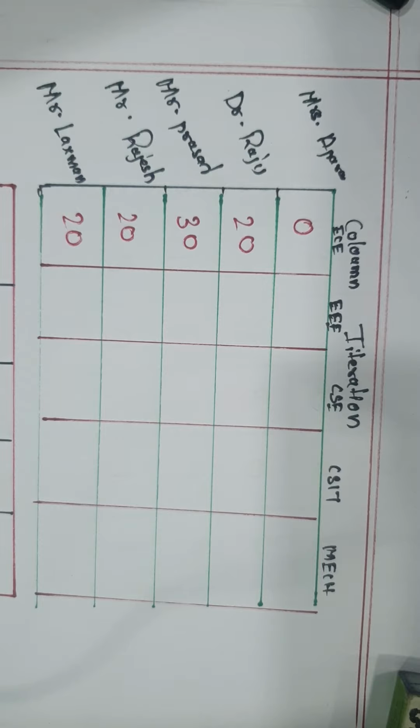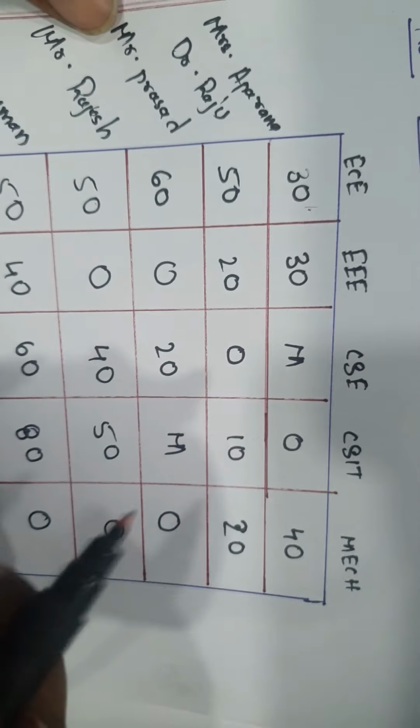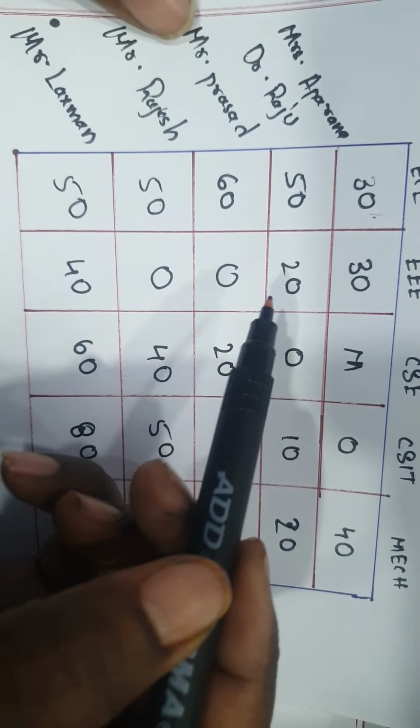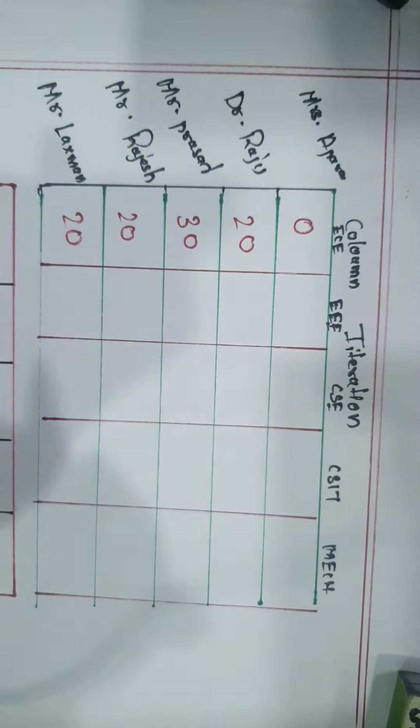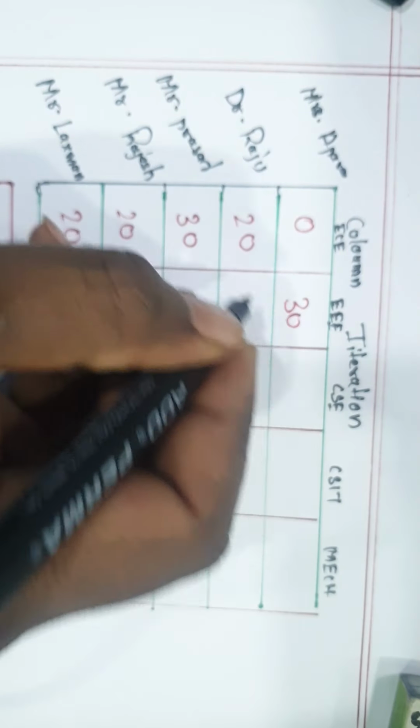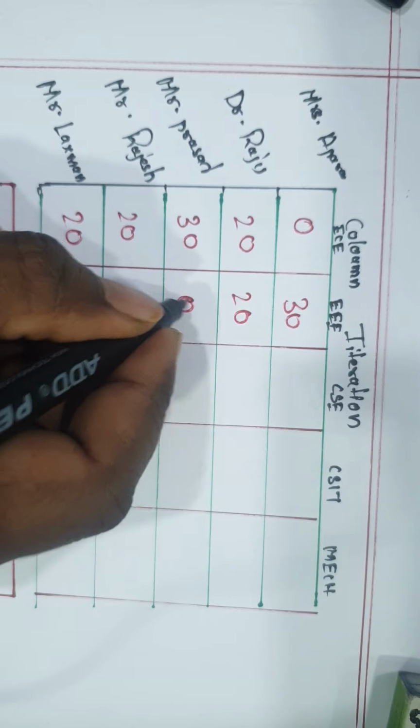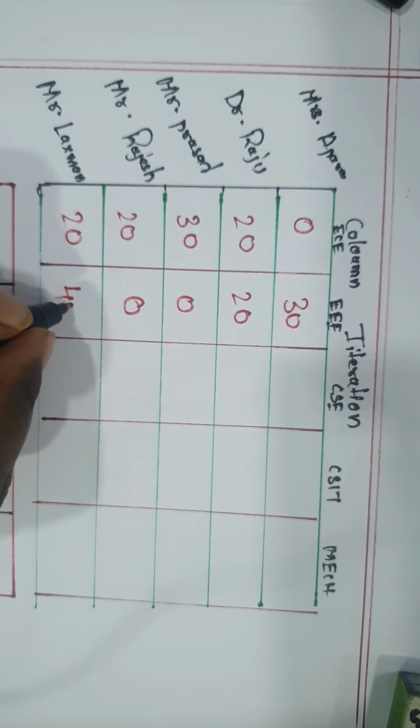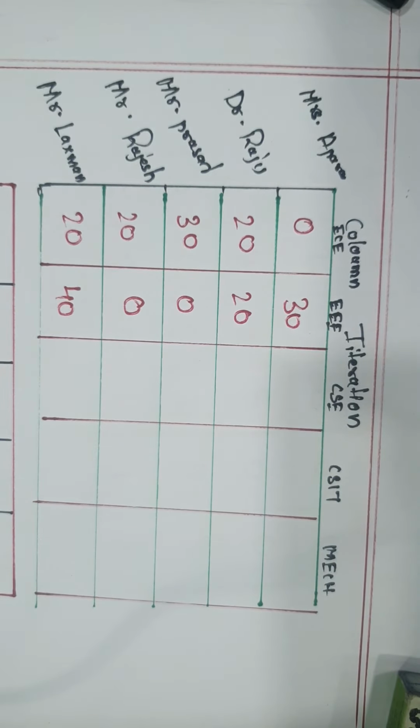Okay. Next, in the second column, you are finding 0, 30, 20, 0, 0, 40. So here you can write 30 and here 20. This is 0, this one is 0, and this one is 40. Then 30, 20, 0, 0, next one is 40.